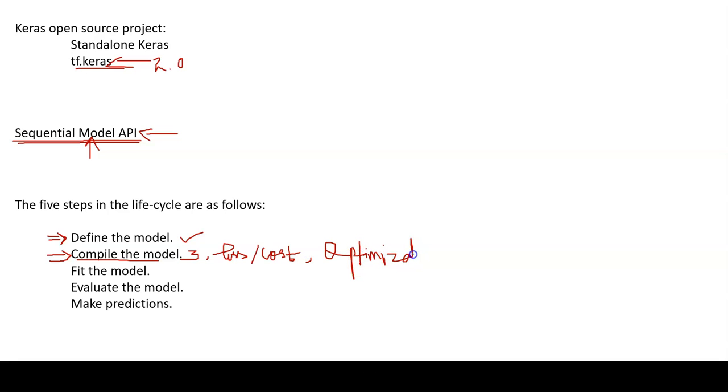And of course, the third step is to choose the corresponding performance metrics. So these are the three things that happen during the second stage of building a Keras model, which is to compile the model.